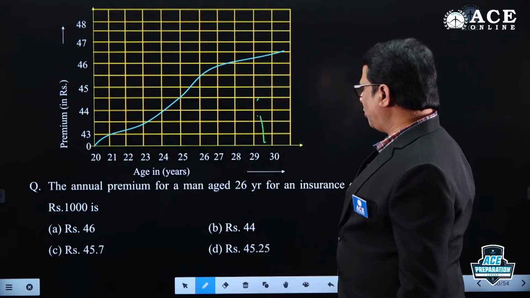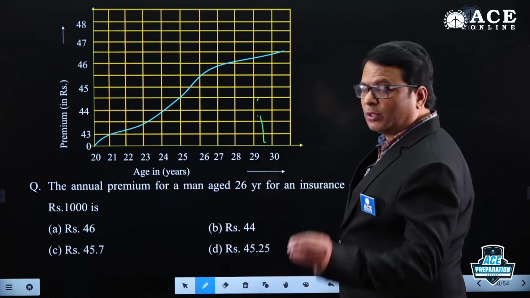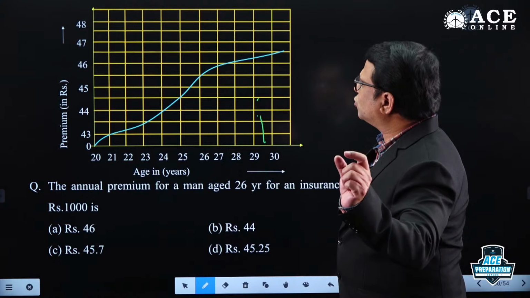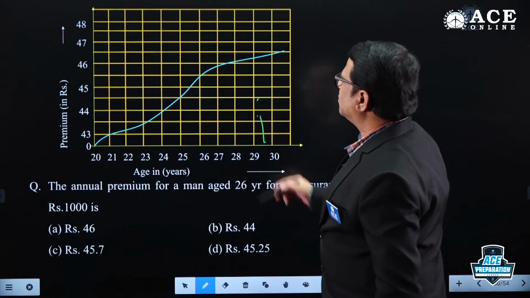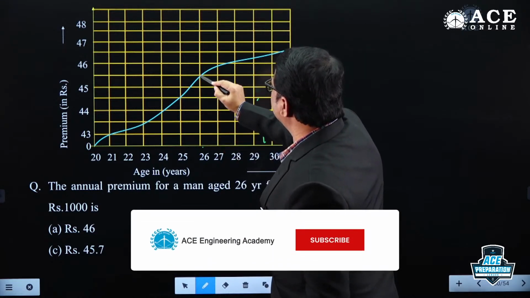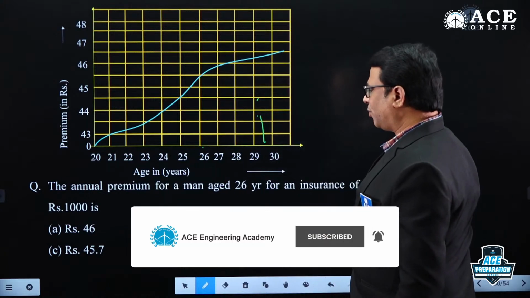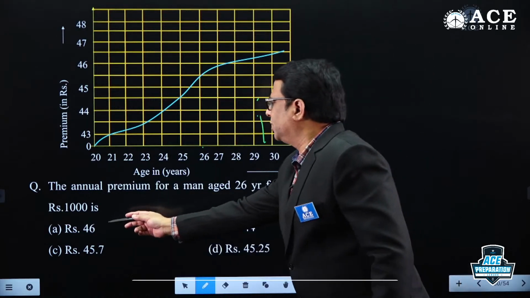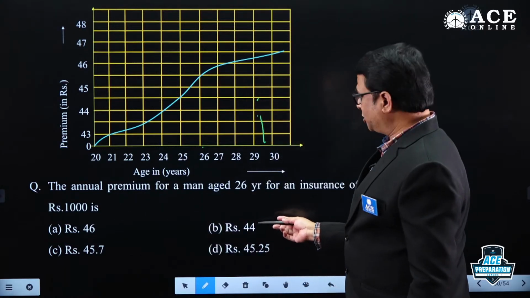So 45.5 is not given. So you cannot take it, you should go for a value which is very close. So this is slightly less than 45.5 for 26 years. Slightly less than 45.5 means, out of all these, this one is more than 45.5, and this is too much less.